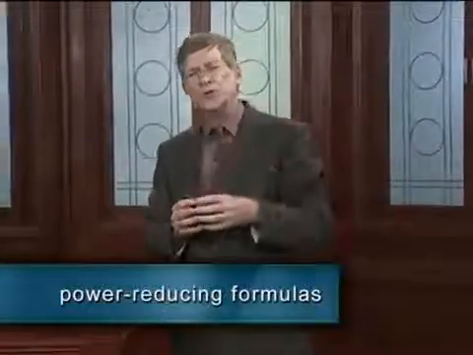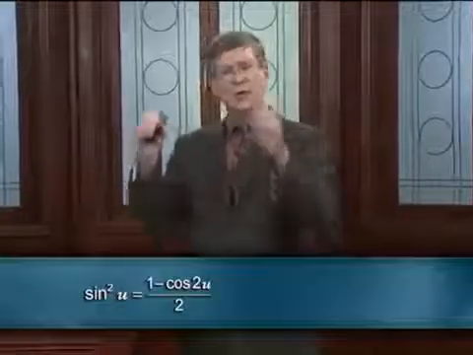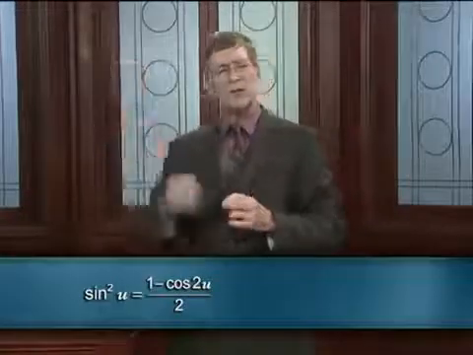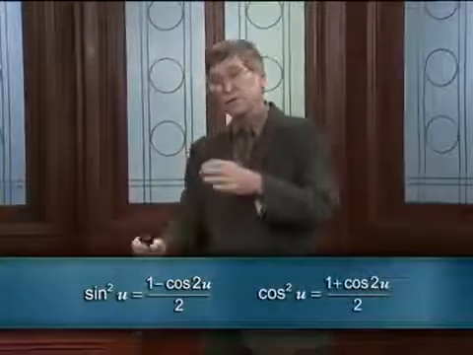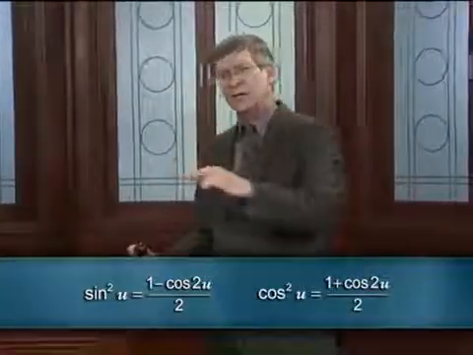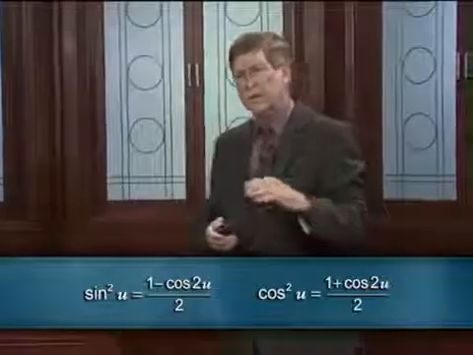Let me also mention very briefly, there are a couple of other formulas that occur in calculus that I thought I'd put on the table for you. We won't use them in this course, but they are called power-reducing formulas. One of them is sine squared u equals 1 minus cosine 2u, divided by 2, and then cosine squared u is 1 plus cosine 2u, divided by 2. And there are many, many more formulas.